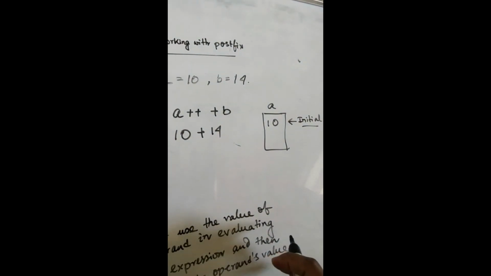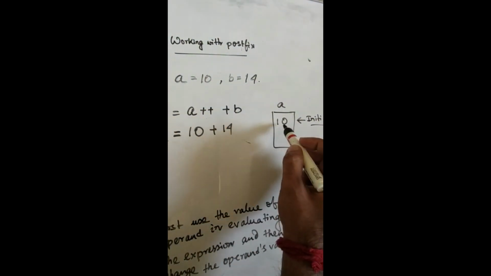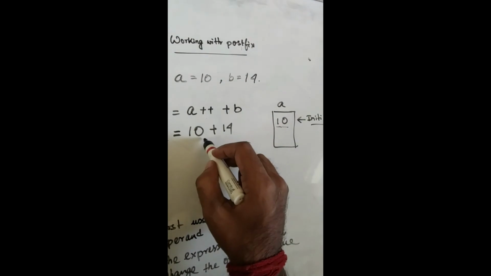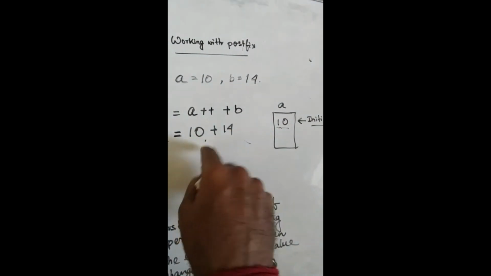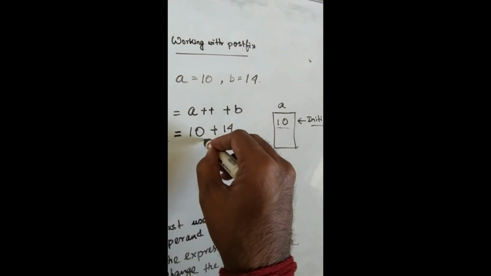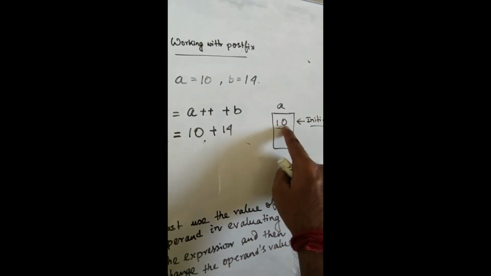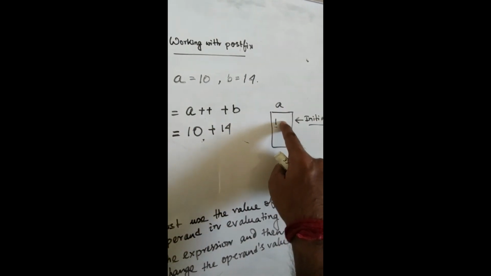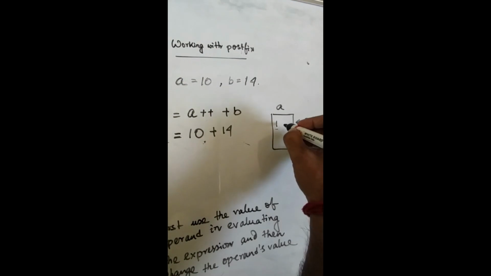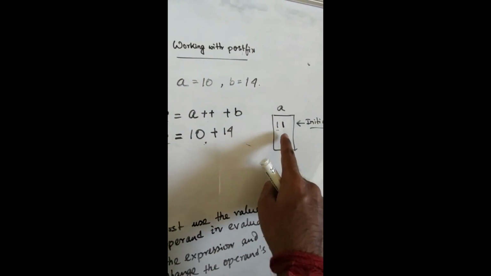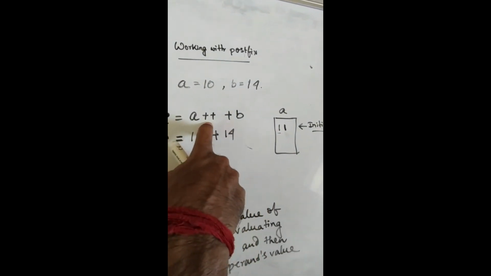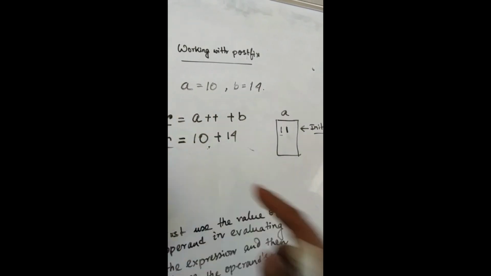This one is the initial value, a initialized with the value 10. In case of postfix operation we will use that value for evaluating the expression, then after putting the value we will change the value. So in the memory space the value will get changed. So a becomes 11, as we are using the increment operator, it changes the value by 1.